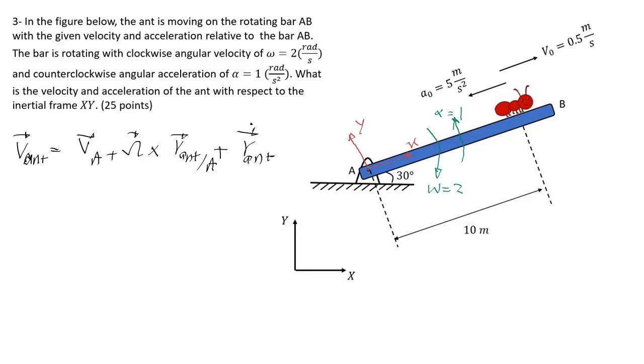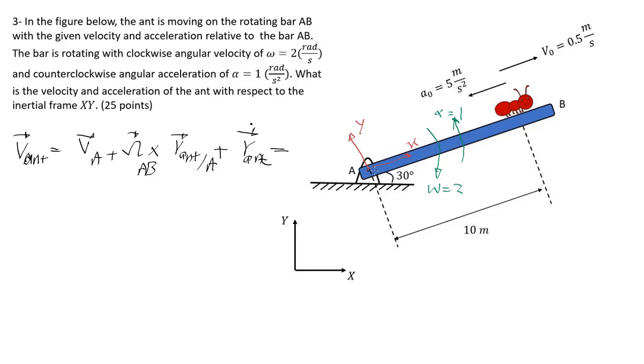So that's our formula for the velocity of ant. V ant is equal to VA plus omega AB cross the position vector of ant with respect to point A plus R dot, the relative velocity of ant with respect to the bar.